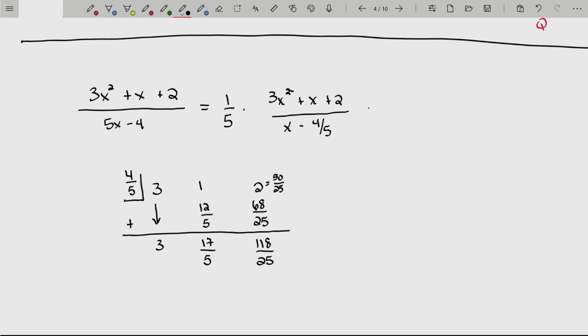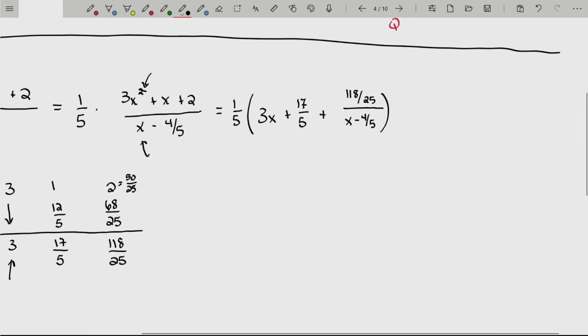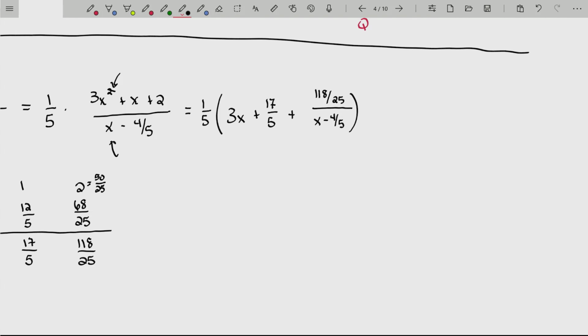Okay. So what this is saying is that this division is going to be 1/5 times, remember, we had a square originally. You're dividing out a single power. So it's going to be a 3x plus 17 over 5 plus the remainder over the divisor, which is x minus 4/5. Distribute the 1/5 through to see what your actual quotient is.